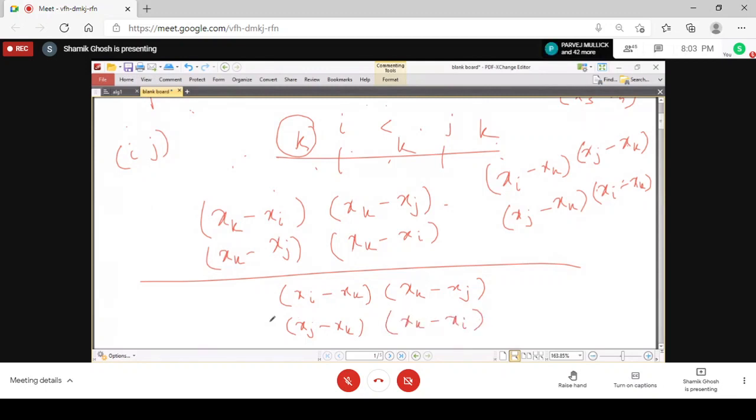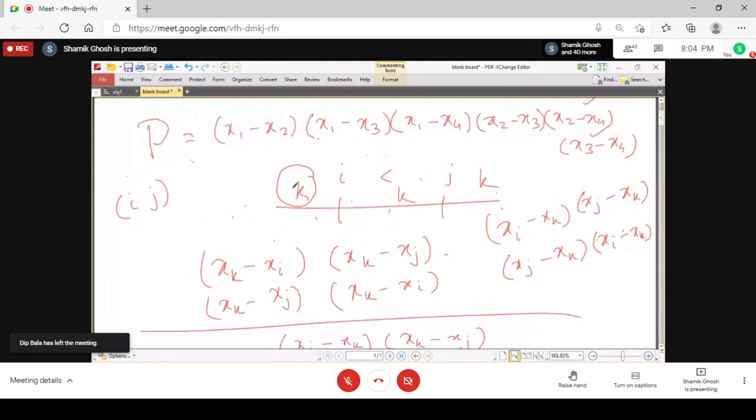Now this is a change in sign, so it attracts a -1 here, and this is also a change in sign, so it attracts another -1. But in the product, they balance each other. Since two -1s appear, there is no change of sign in the total product. So whether k is less than i and j, greater than i and j, or lying between i and j, all these terms retain the same value.